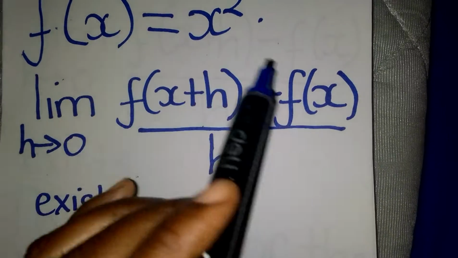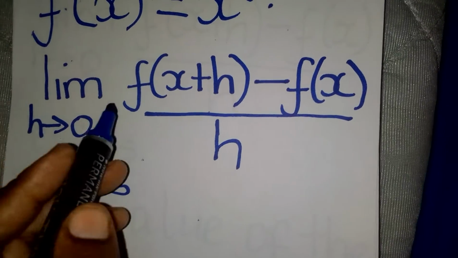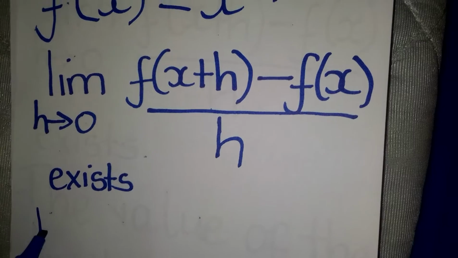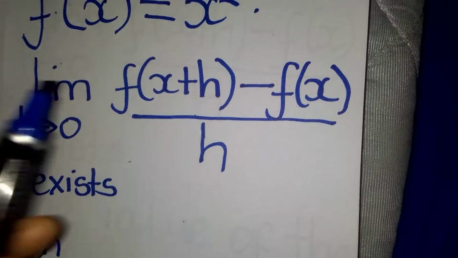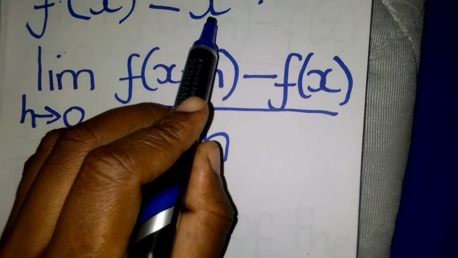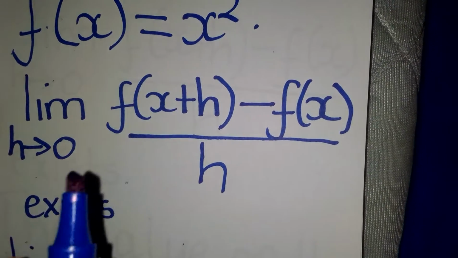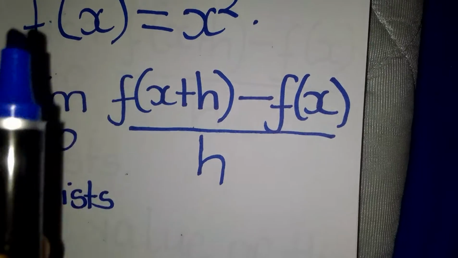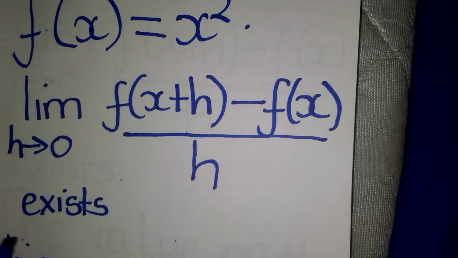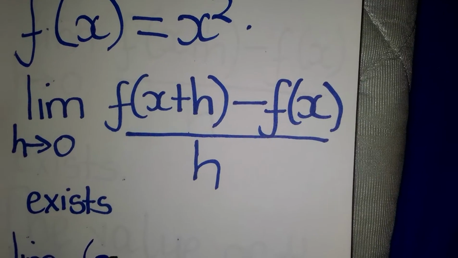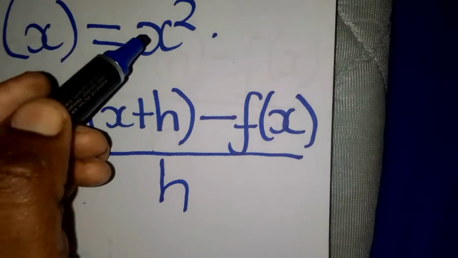To find if it is differentiable, we substitute our x with x plus h, and this is our f of x and there is our h. So that's our limit of f of x plus h. Everywhere we have x, we substitute x plus h, then that is squared.